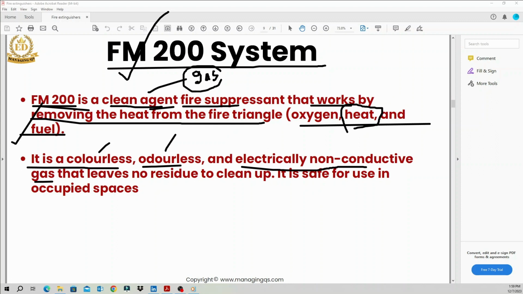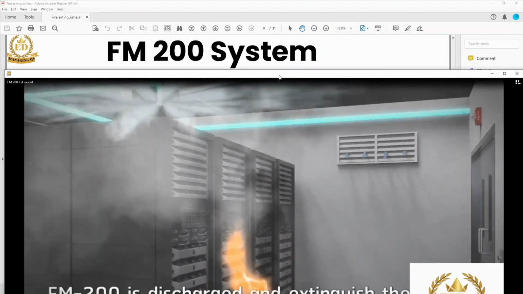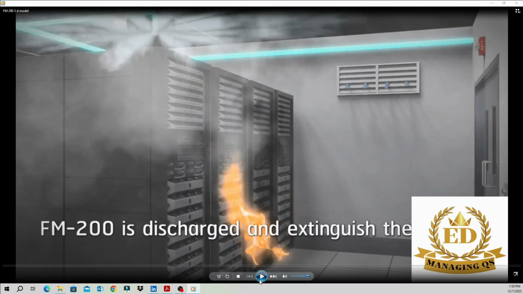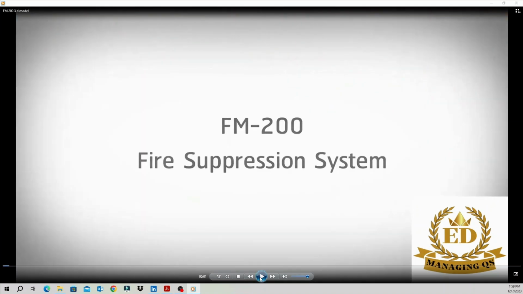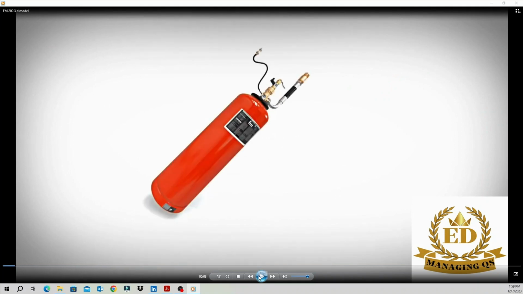So now we are going to discuss some 3D model elements, so you can easily understand some very important things. Okay, we will go one by one. Right, I will start with the FM200 system, the fire suppression system. First we will understand the key components or equipment we use in the FM200 system.